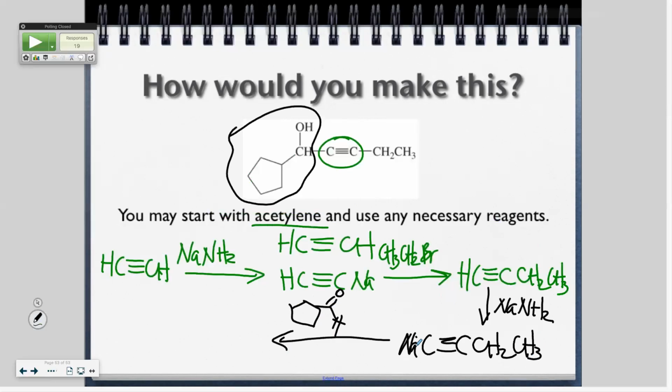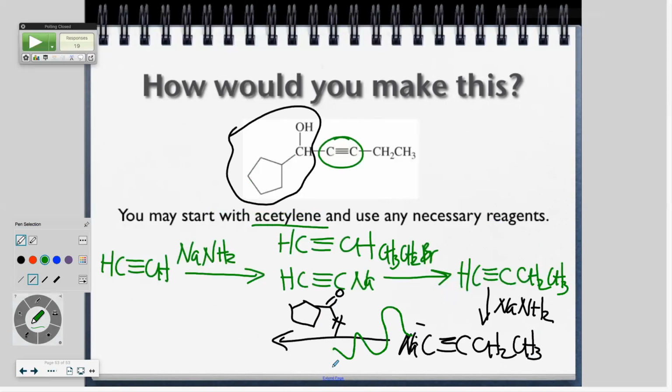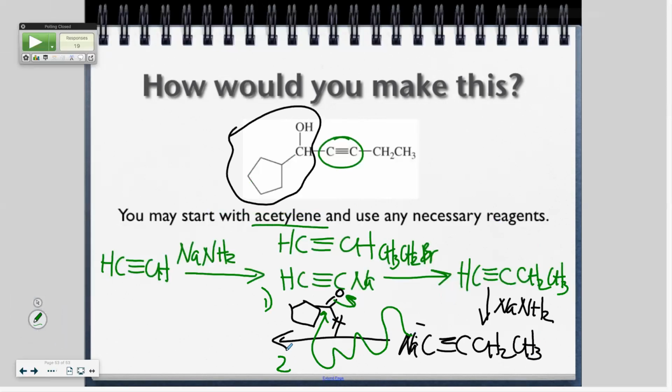So here's your nucleophilic carbon. It's going to go to the carbon of the carbonyl and out to the O, and then you would protonate it. Make sense?